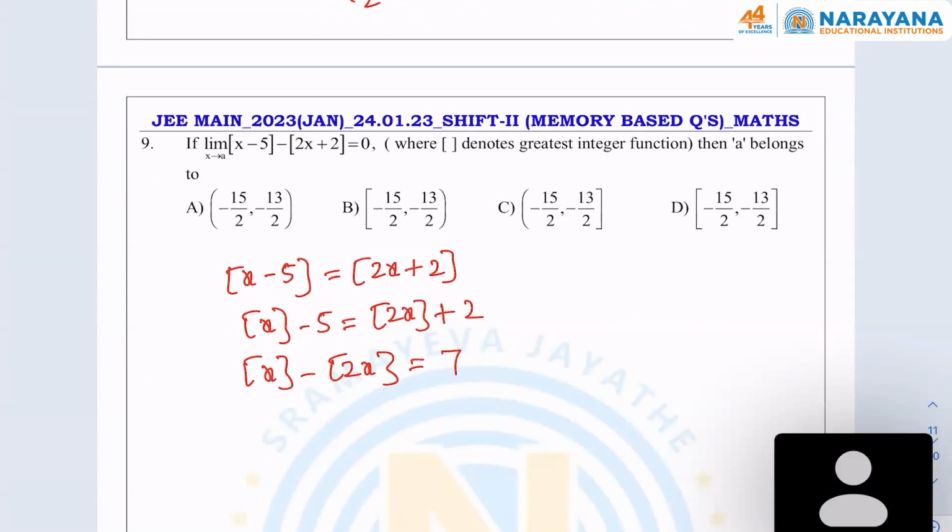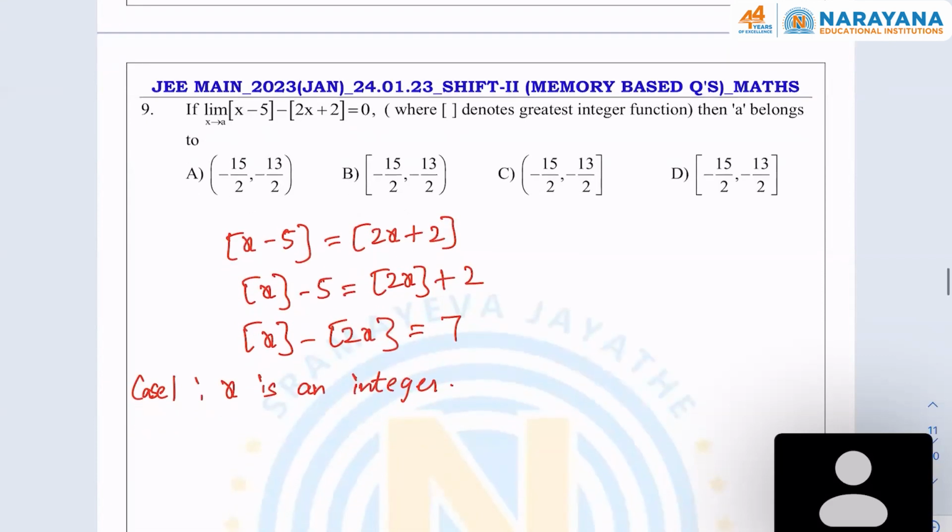One is x is equal to 7. Okay, not x is equal to 7. Here suppose x can be an integer. Case 1: if x is an integer, then here the value of step of x is equal to x, so x minus 2x is equal to 7.